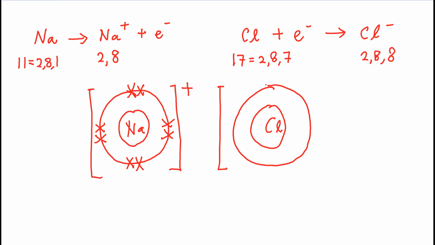Now, we draw a different symbol for the electrons to distinguish it from the sodium electrons. Originally, chlorine has 7 electrons of its own, but it received 1 electron from sodium. That electron will be a cross, and then we add in the charge of the chloride. This will be the required diagram for the ionic compound sodium chloride.